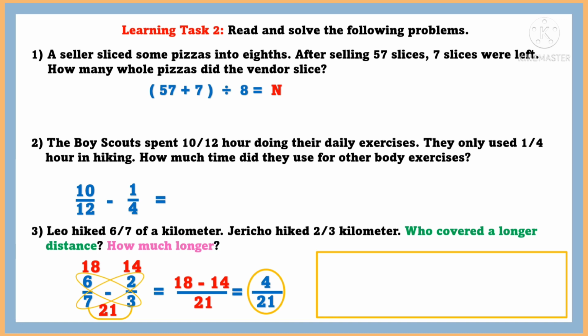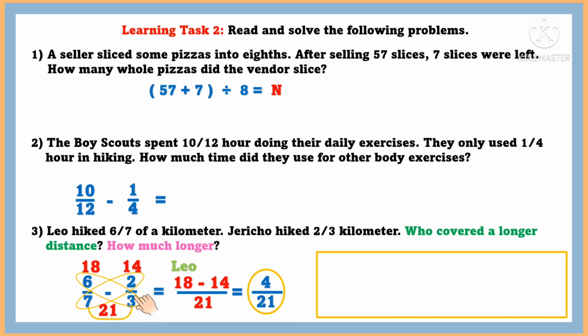Now, alamin naman natin ang tinatanong sa problem. Ang question dito, who covered a longer distance? So, sino ba sa kanila ang nakapag-hike ng mas malayo? Kung mapapansin mo, ang equivalent ng 6/7 ay 18/21. At ito ang layo ng distansya na narating ni Leo.